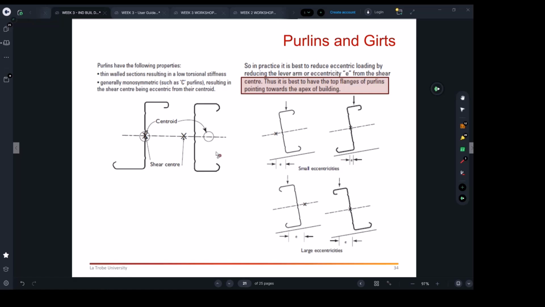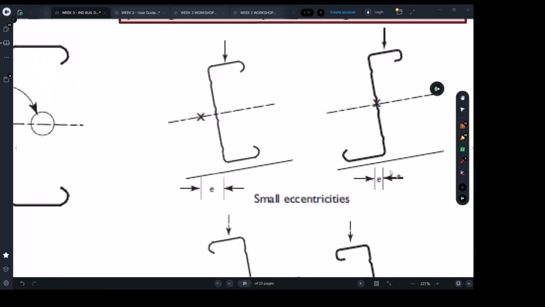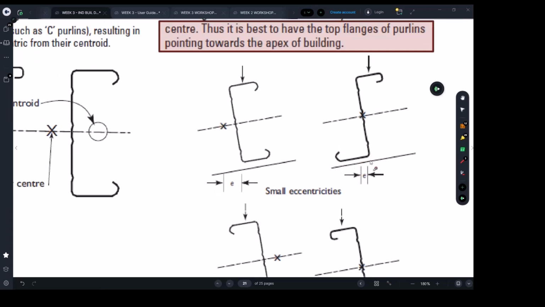Okay, there's another point you may need to know about: the centroid. It's one of the reasons why the Z purlin will work better, because I did mention to you Z purlins work better, stronger than the C, and C obviously is going to be cheaper. It is because of the eccentricity. Usually, as you know, you see the section is placed unevenly, on a slope.